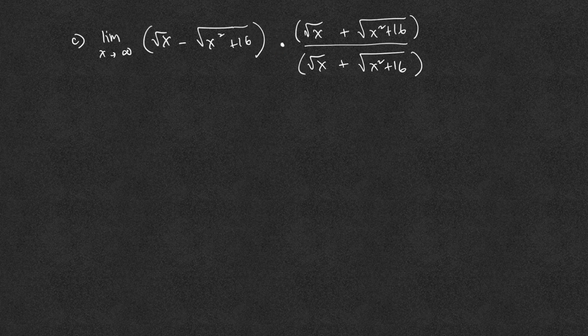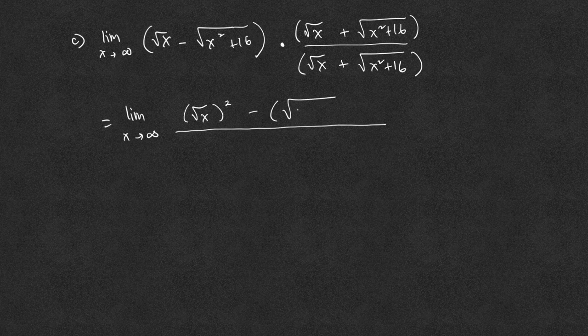And we multiply the whole expression by a factor of 1, so we will not change the limit of the original problem. The limit as x goes to infinity. The product with the conjugate in the numerator is the difference of two squares, and so the numerator is the square root of x squared minus the square root of (x squared plus 16) squared, and the denominator is the square root of x plus the square root of (x squared plus 16).